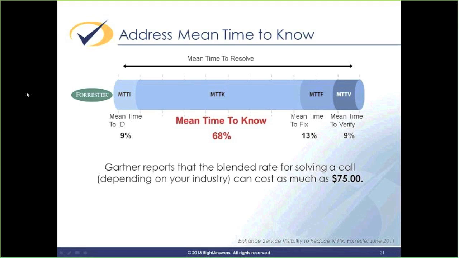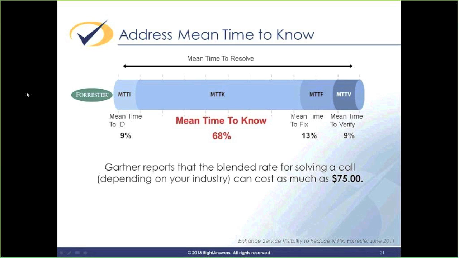Now, obviously, they did this from a blended community, taking a look at data from a lot of different people, and on average, these are the percentages of solving an incident. And you look at this, the mean time to know is 68%, right? So when you're thinking about all the time that your agents are spending in an incident, they are spending most of their time, more than half of their time, almost 2/3, just figuring out how to fix the problem.